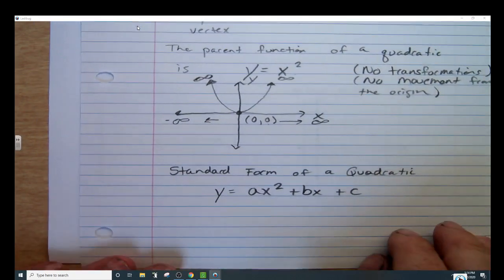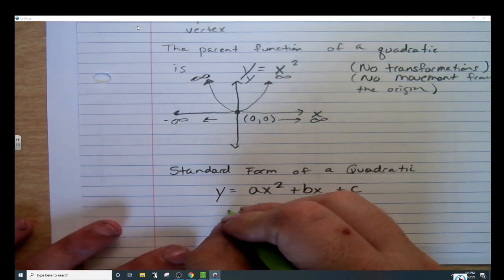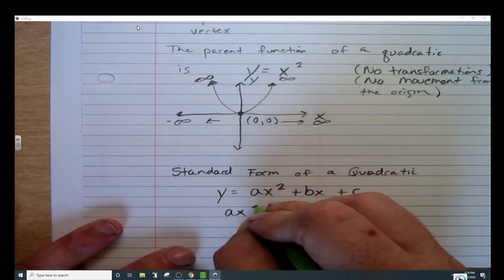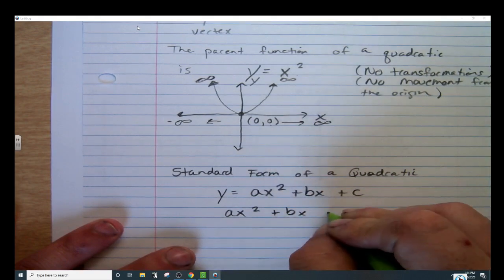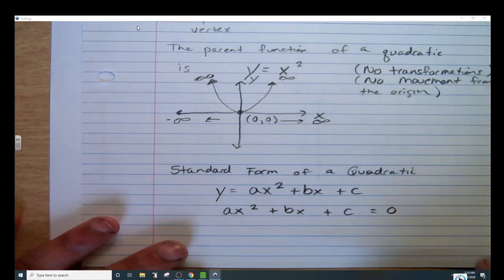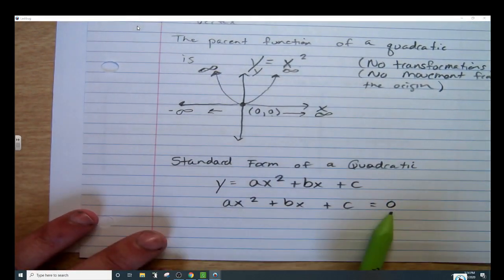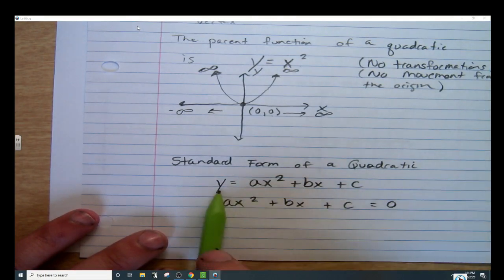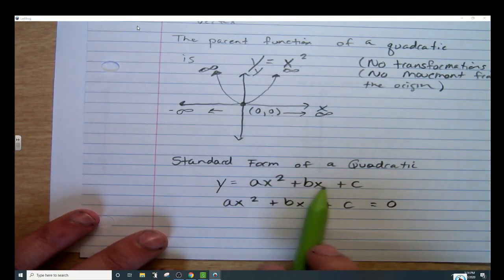Or you may see it like this: ax squared plus bx plus c equals 0. If you're solving for x-intercepts, it's going to be set equal to 0. If you're graphing, it's going to be y equals ax squared plus bx plus c.